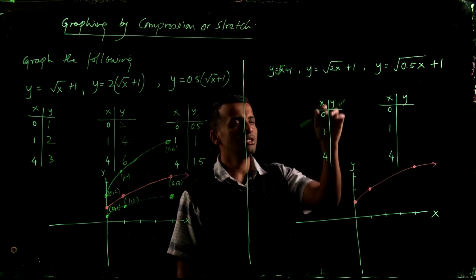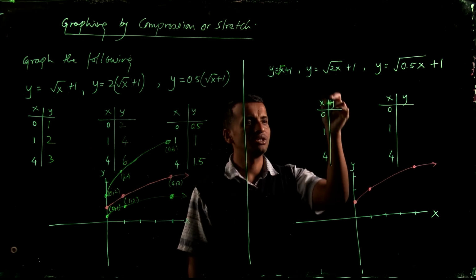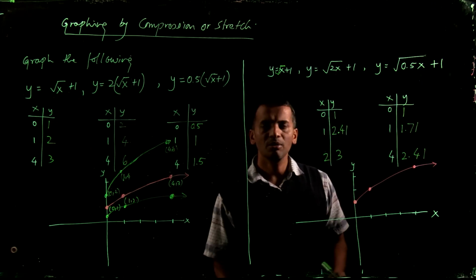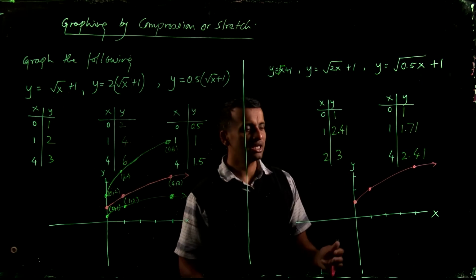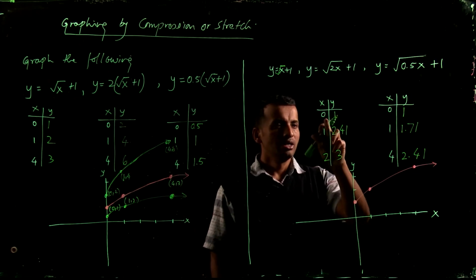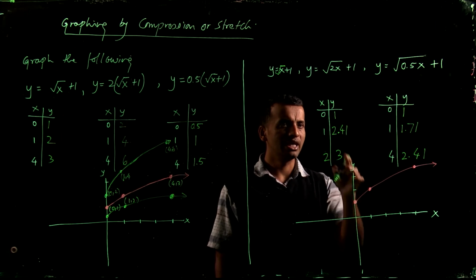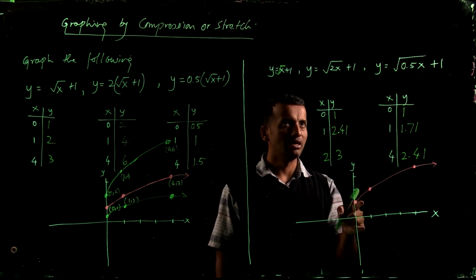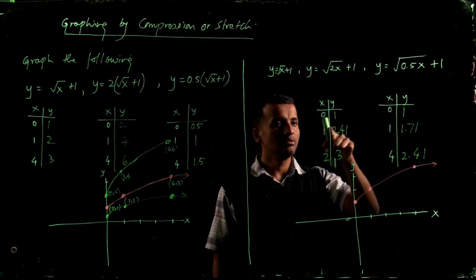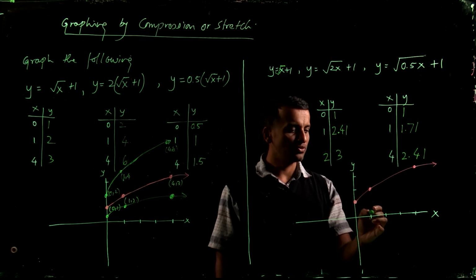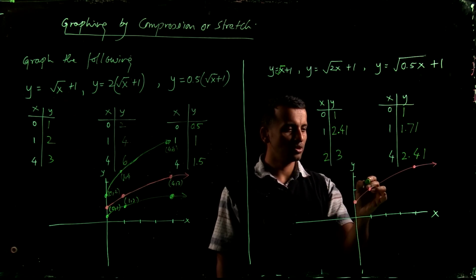So let's plug in for this one. If you plug in x equals 0, you will get 1. Let's plug in these values. For 0, you will get 1, and for 1 it is 2.41, so it will be 2.41 somewhere here, right?